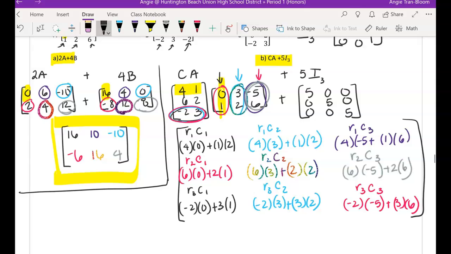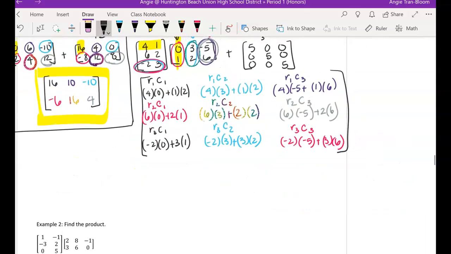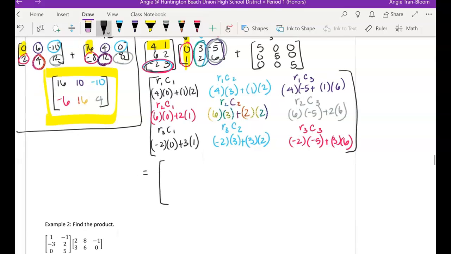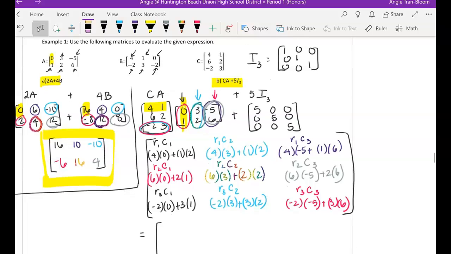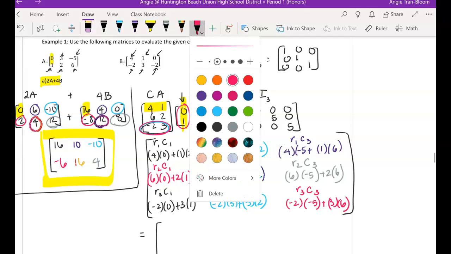Now let's work out the basic math. Are you ready? Okay, so let me tell you what size you're going to have. Let's talk about the matrices. Let's pick a color.